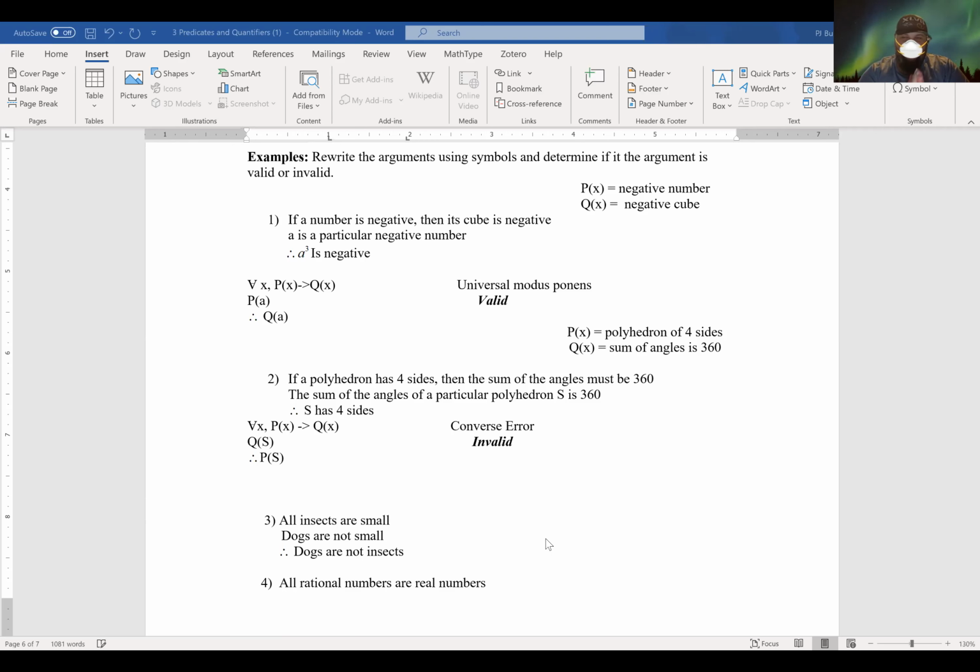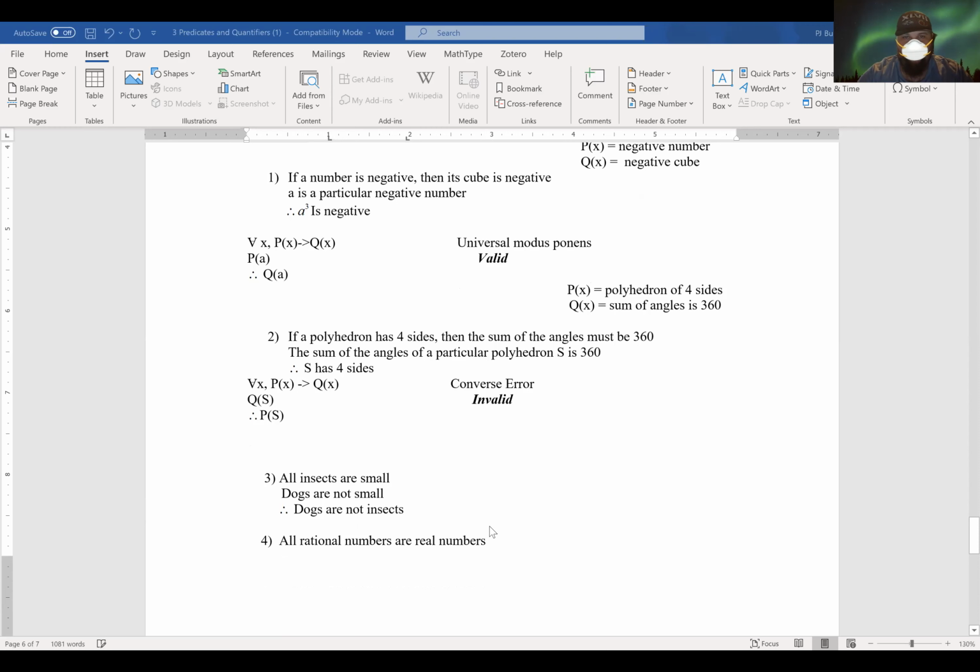But it's actually the other way around. It'll make more sense when we do the next one. Maybe let's go back and let's do 4 first.